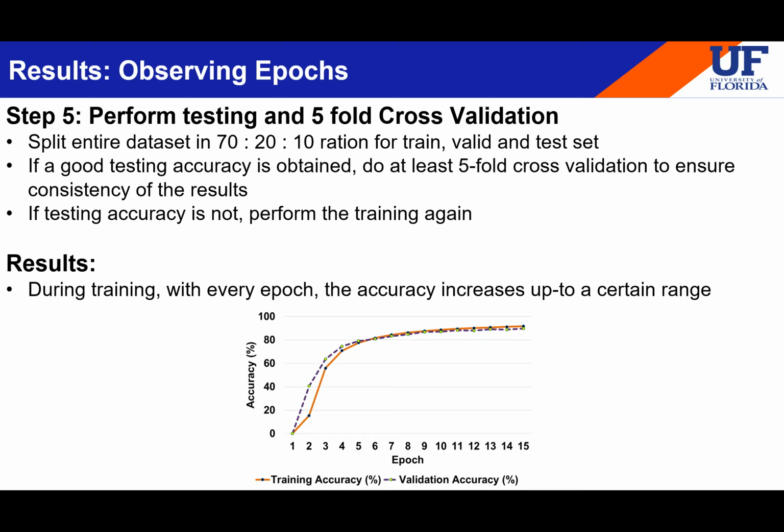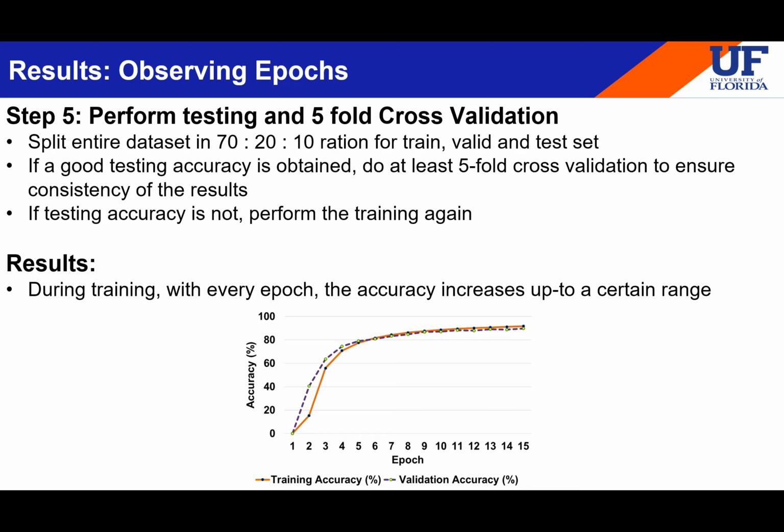But sometimes it happens that the training accuracy is very good but the validation accuracy is not, or maybe those accuracies are good but the testing accuracy is not. That means either the model has learned very minor details or it has learned nothing at all. So it's very important to find a consistency between the three accuracies: training accuracy, validation accuracy, and testing accuracy. Then I performed testing, and what I saw as results I will show in the next slide.